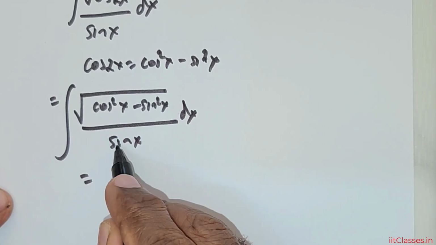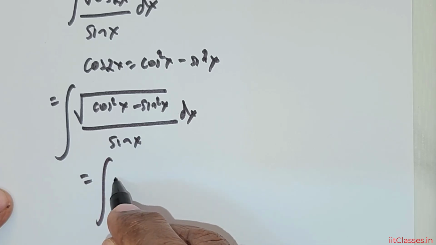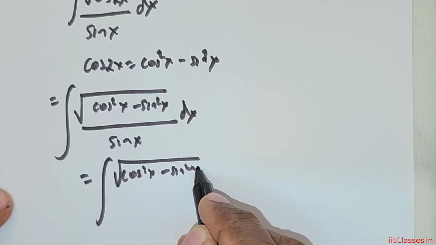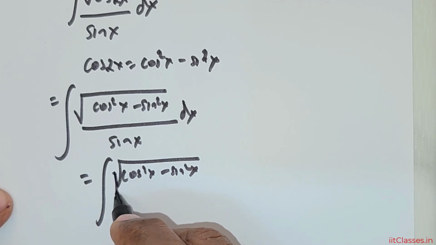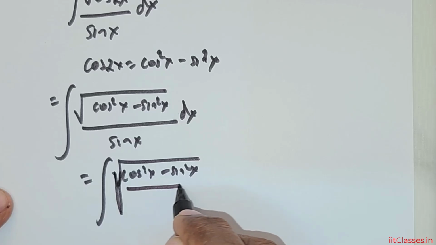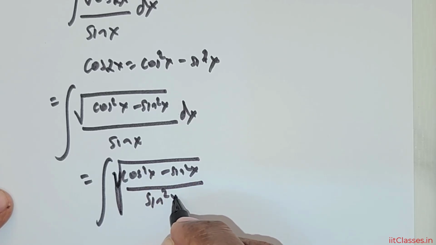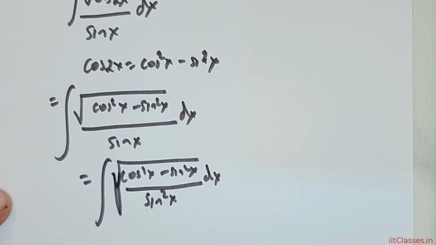What I would do is bring this inside the square root. So this is going to be cos squared x minus sin squared x. I will draw the root to cover the denominator and write this as sin squared x dx.